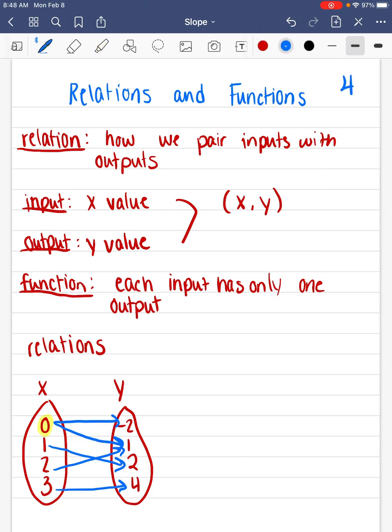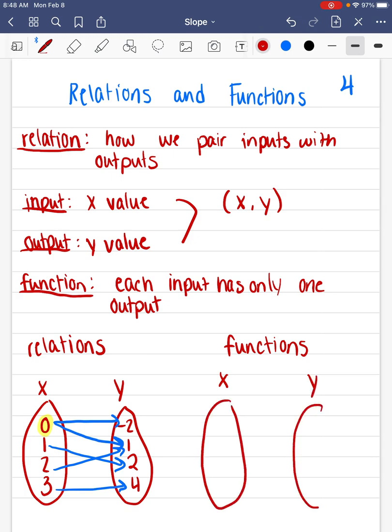So let's show you a function mapping. So once again, we have our x's and our y's, our little circles here. So our x's are going to be -1, 0, 1, 2, 3. And our y's are going to be 3, 5, 11, and 21.